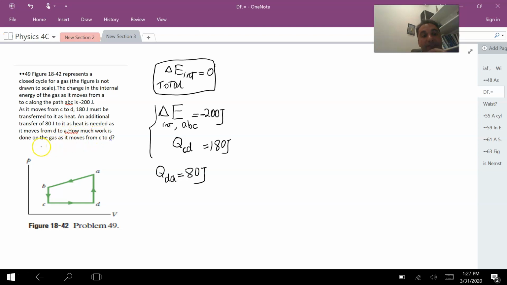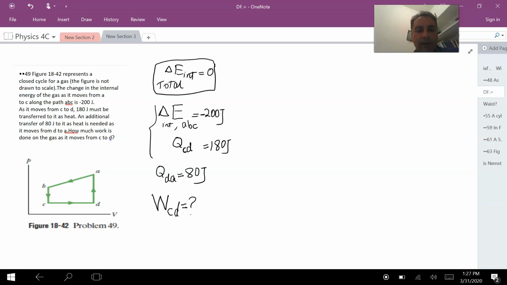How much work is done on the gas as it moves from C to D? First of all, they want me to find W in CD, correct?